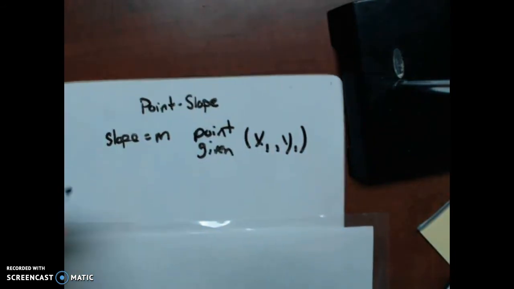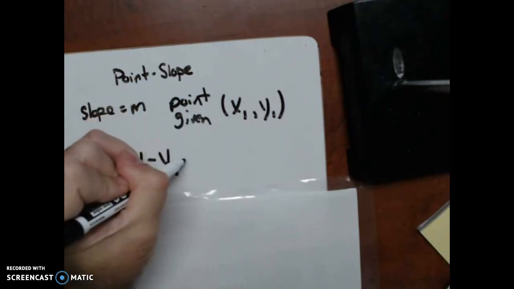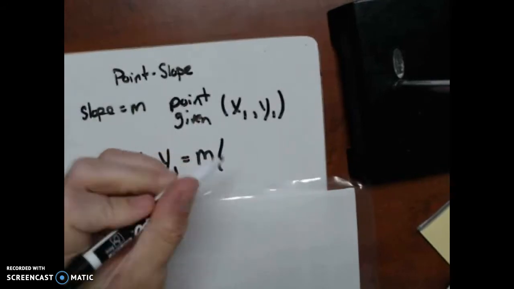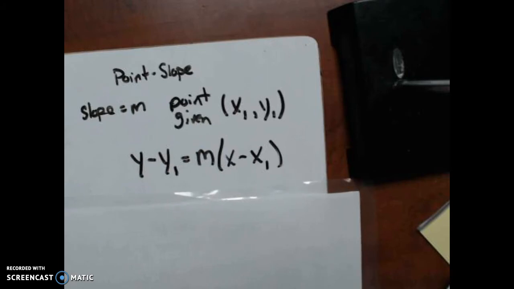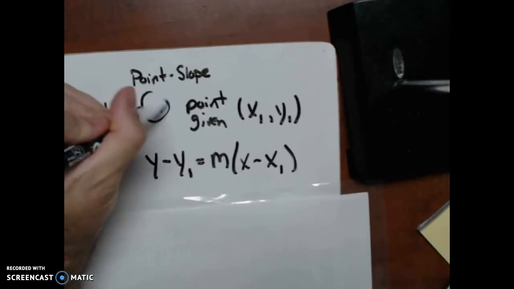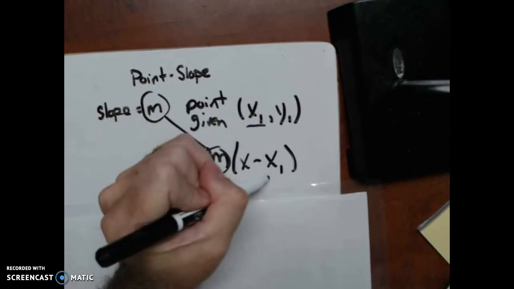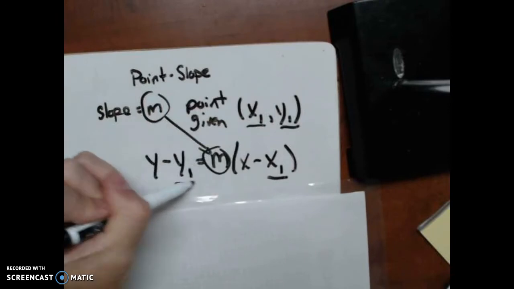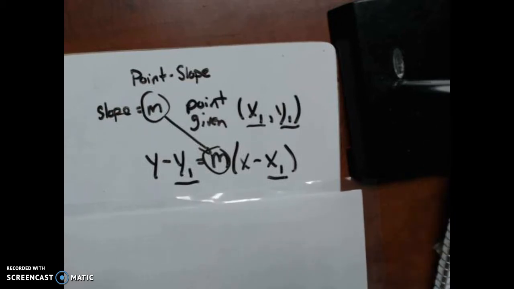Here's the form: y minus y1 equals m times x minus x1. The given slope goes here, x1 goes here, and y1 goes there. All I have to do is plug the information in, and then change this into y equals mx plus b form so that I can graph it more smoothly.